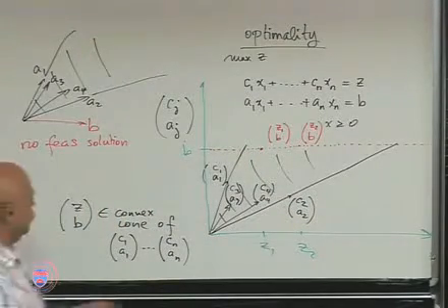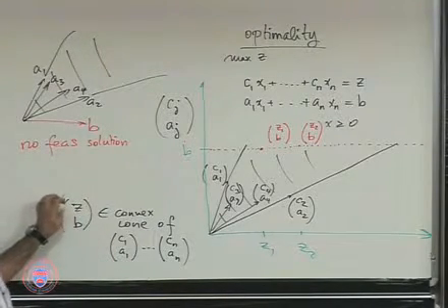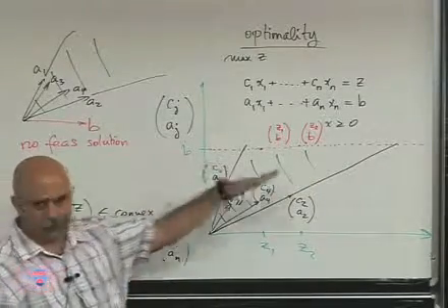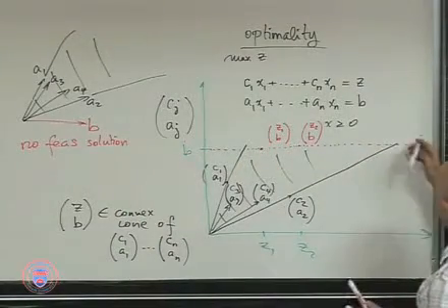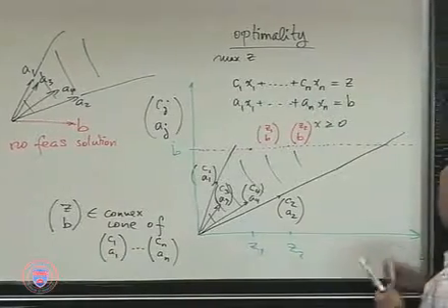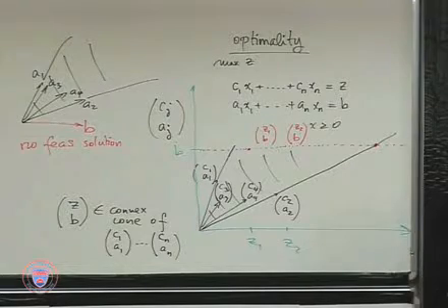Now, what do you want? Whatever Z value you pick, you want Z and B to be within the cone. Since you're trying to maximize Z, what is the point of exit? The point of exit is this point here. That's the largest Z you can get and still stay within the cone.